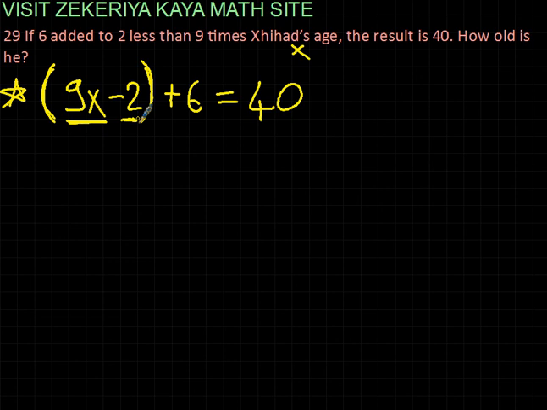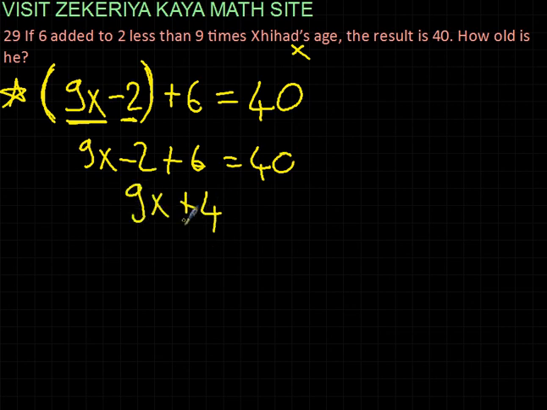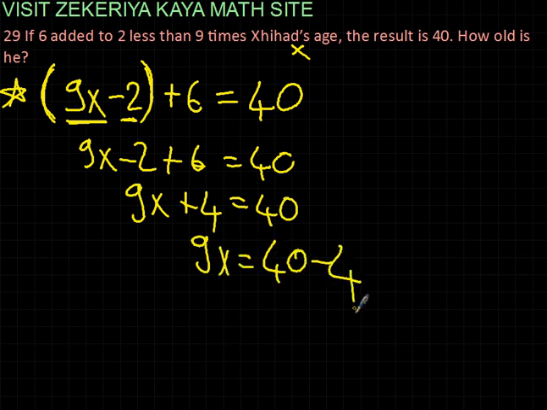So we can cancel parentheses directly. So 9x minus 2 plus 6 should be 40. Minus 2 plus 6 makes plus 4. So 9x plus 4 is 40. Plus 4 goes to the other side as minus 4. So 9x is 36. 1x is 4.